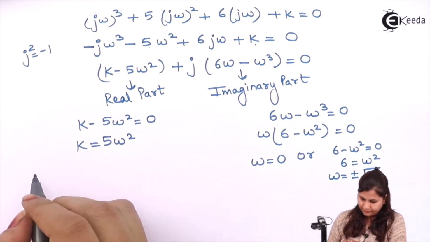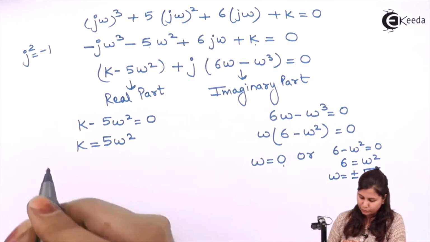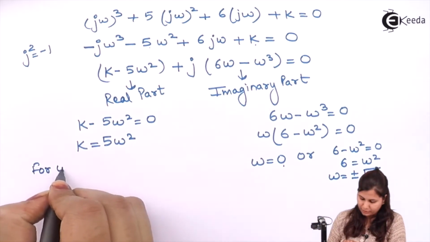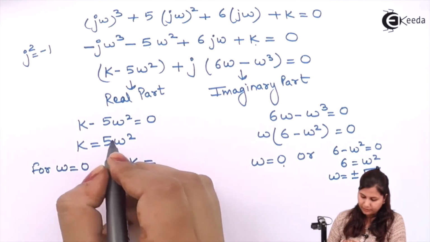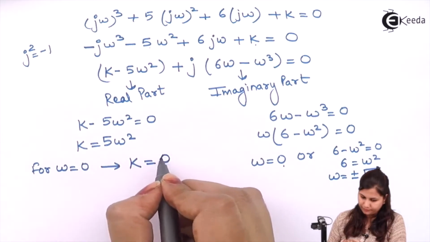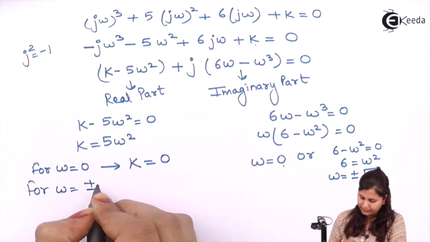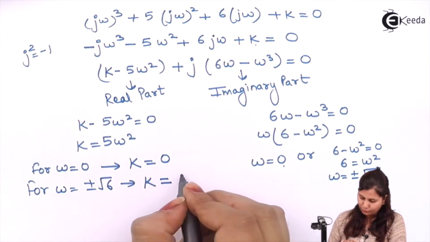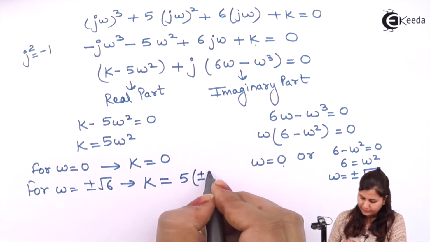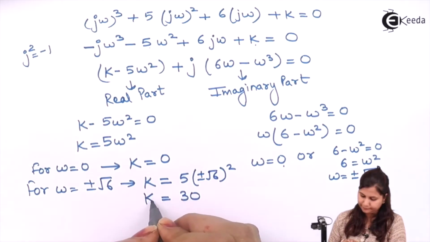For omega equals to 0, K will be 0, and for omega equals to plus minus root 6, we have K equals to 5 times (plus minus root 6) whole square. So it will be 6. So 5 into 6 will be 30.